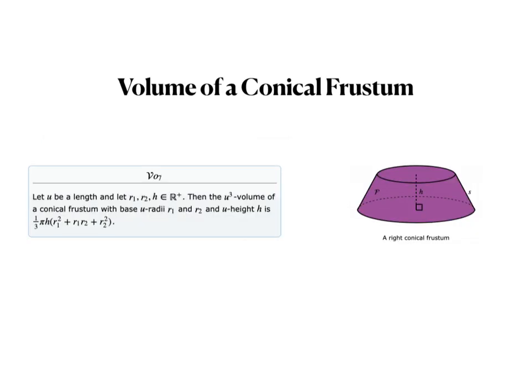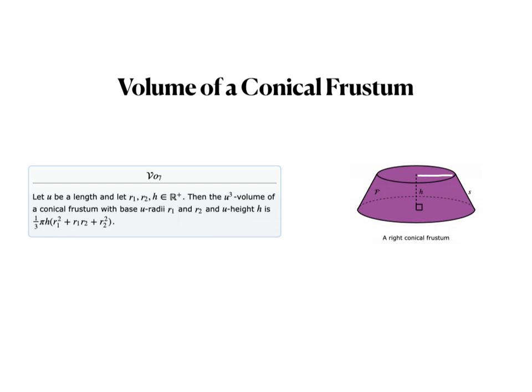The volume of a conical frustum is given by this formula. It's 1/3 pi times h, that's the distance between the bases, times (r1 squared plus r1 times r2 plus r2 squared). R1 and R2 are the radii of the bases. So let's see here.